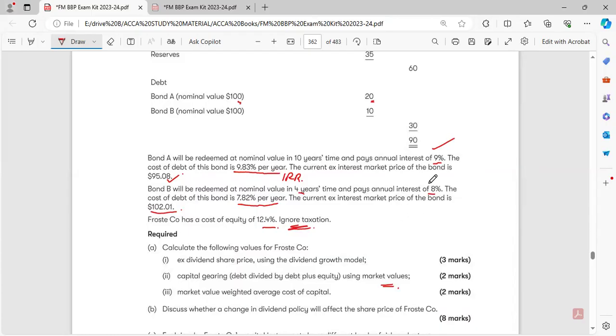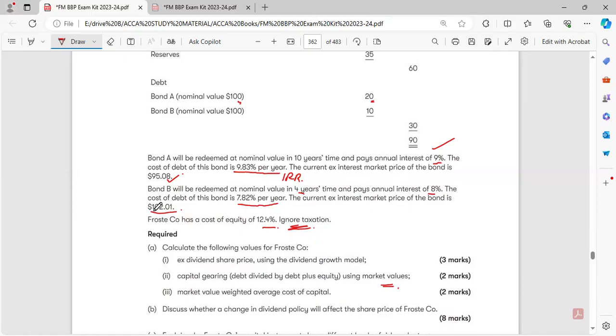On the other hand, the second bond has a higher market value because its effective interest is less than the coupon rate. What does it mean? It means if a company has a higher coupon rate in comparison with the effective interest rate or market interest rate, it is attracting more investors, and its bond price will be higher.